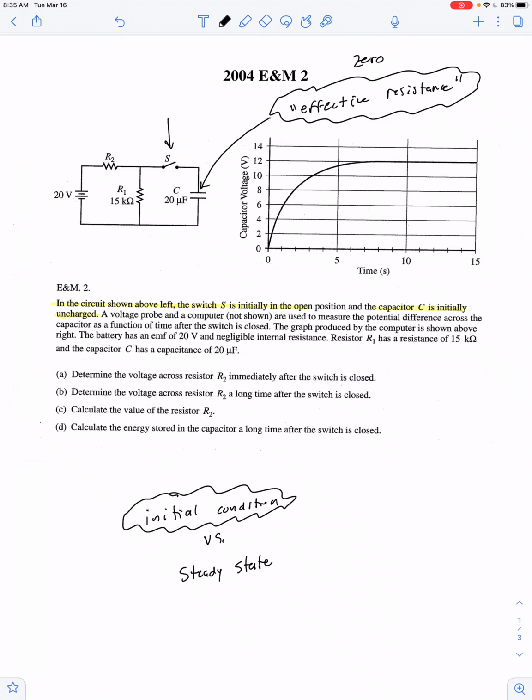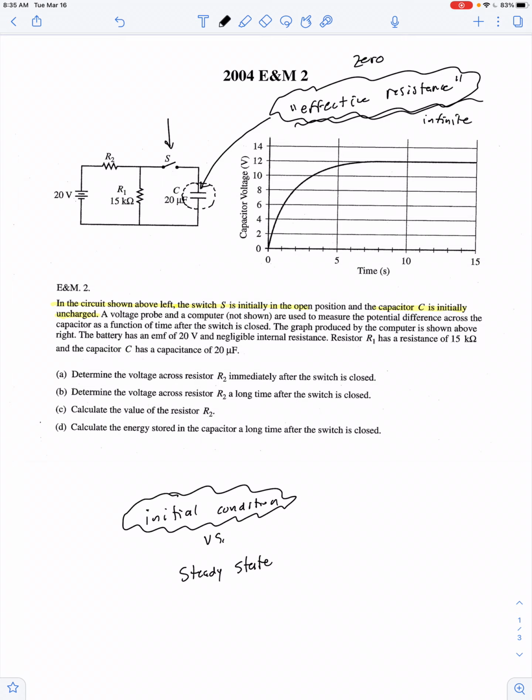Although in time, we know capacitors gradually reach the maximum charge they can achieve, and at that point, no more current flows to it. There's no more attempt to charge it, and so the effective resistance of a fully charged capacitor is infinite.